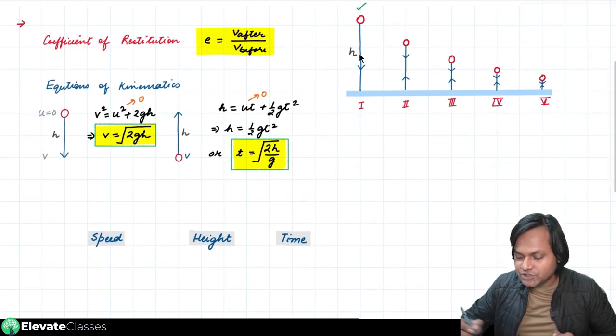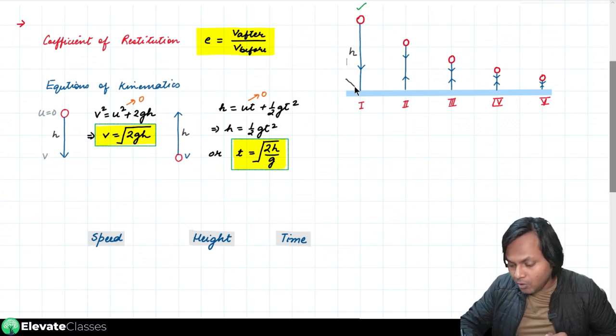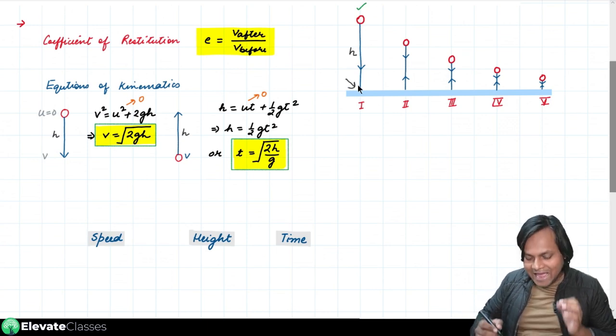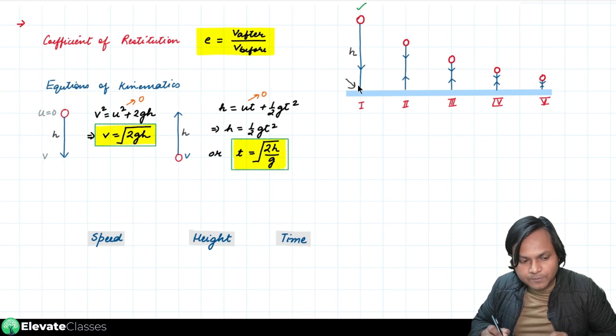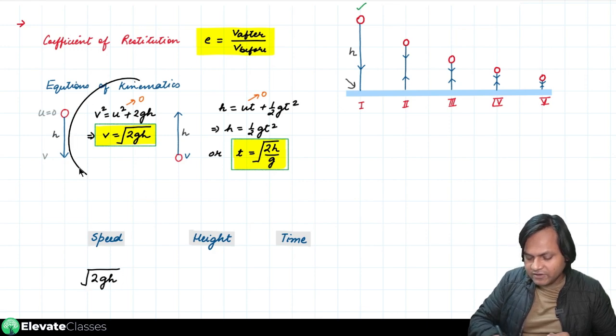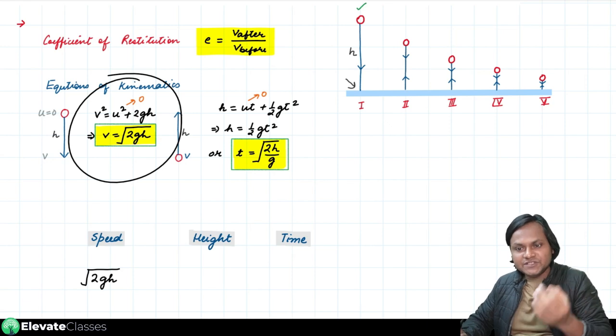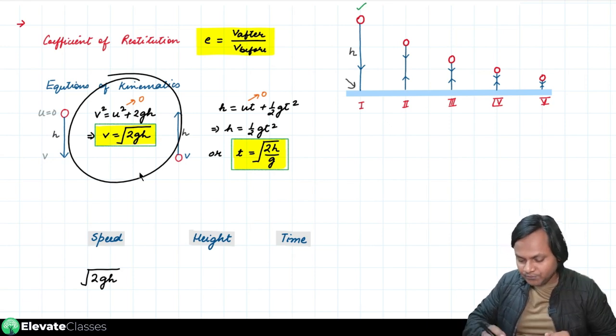So this is H, and the moment it reaches the ground, or it is about to bounce, it has a certain amount of speed. I'm going to call that speed root over 2gh, as I have demonstrated here, that if it drops a height h, it gains a speed of root 2gh, right?